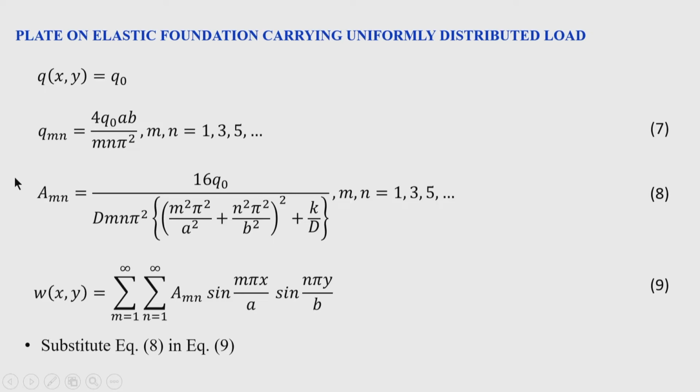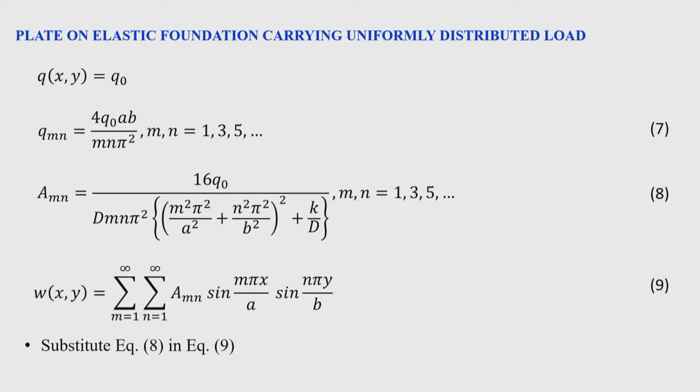So, Q_mn can be looked at as a Fourier series expansion of the load. When the loading function is expressed as a double Fourier series, we can compare the like terms and find the unknown coefficient of the deflected surface, and then the full deflection of the plate can be known.